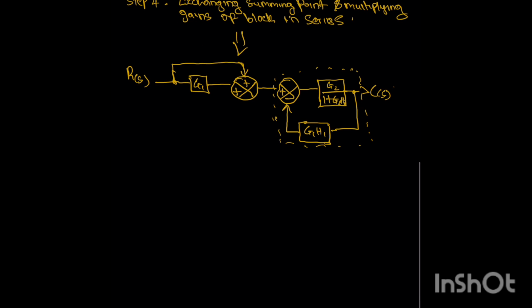The next thing we are going to do is putting it in this order. We have R of X, G1, plus, plus.